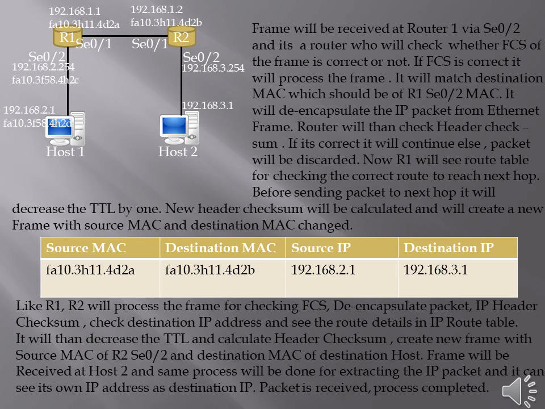It will create a new frame with the source MAC of R2 SE0/2 and the destination MAC of the destination host, that is host 2. The frame will be received at host 2 and the same process will be done for extracting the IP packet, and it can see its own IP address as the destination IP. Packet is received, process completed.